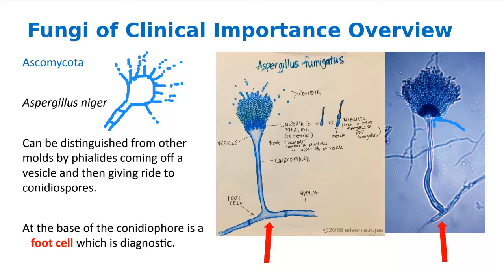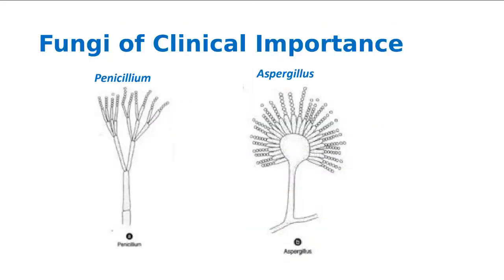Okay? So if we compare the two organisms, because people get them confused all the time, can you see the difference morphologically between Penicillium and Aspergillus? Can you see the difference? Okay. So if I was to do a quick draw: mycelia, phialides, looks like a hand or a brush, and then spores.